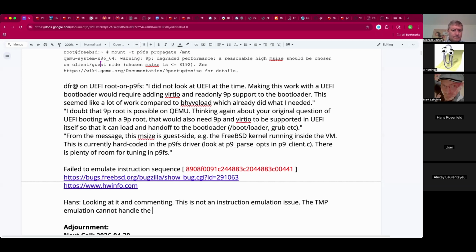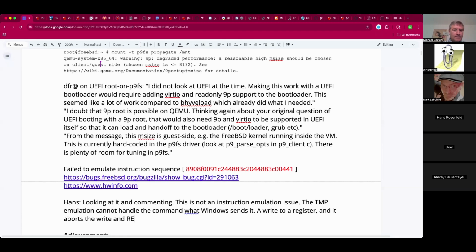Since that is a write to a register, it aborts the write by saying I can't emulate this. So the last message is a bit misleading in that case.